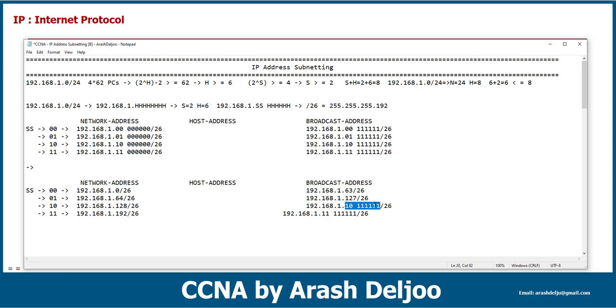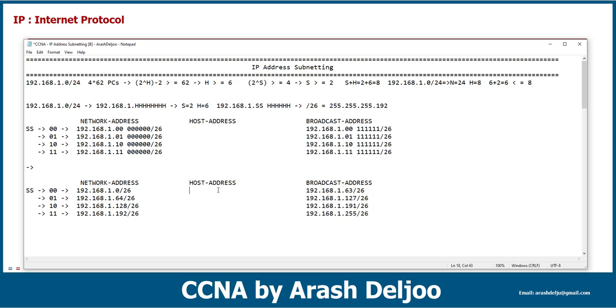If you add all of these values, you will find that. And for the last network, the broadcast address is 192.168.1.255.